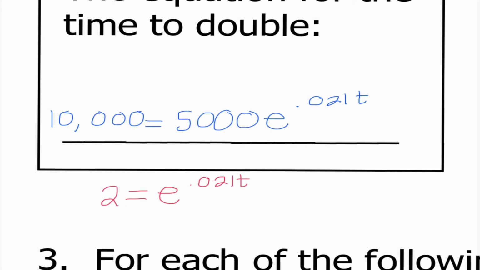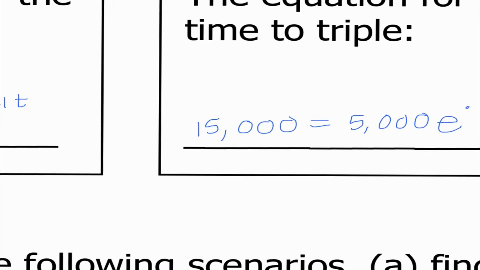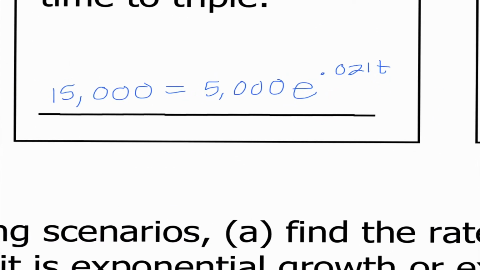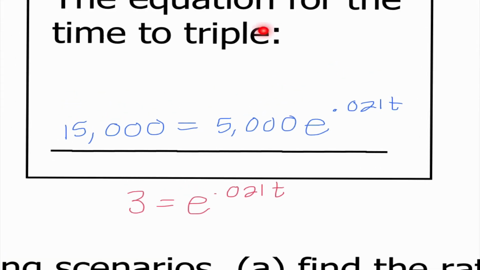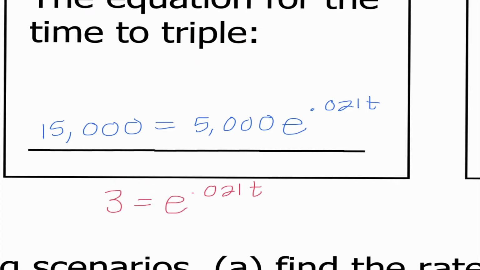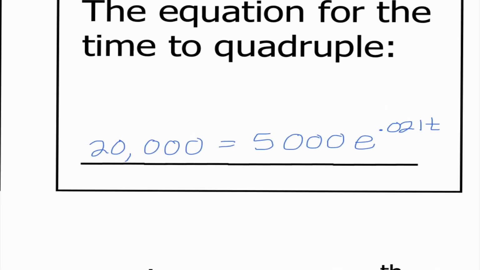So notice I have a 2 when it's doubling. If I use that same method over here and divide both sides by 5,000, I get 3 equals e to the 0.021 t power. So triple means 3. And you've guessed it, quadruple means it's going to be 4 equals e to the 0.021 t power.